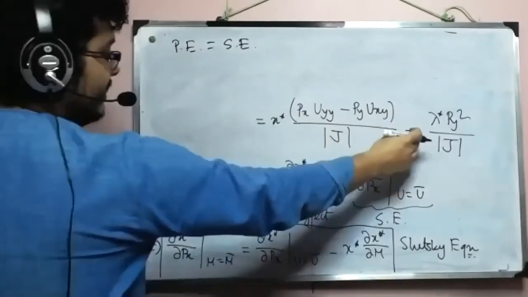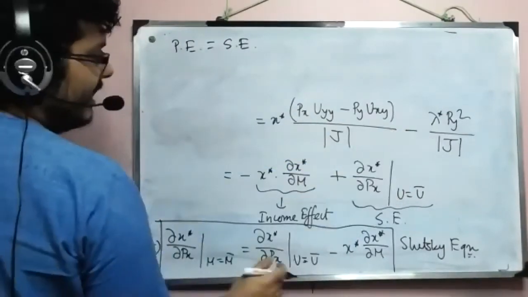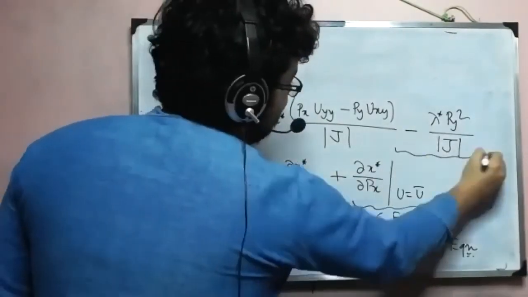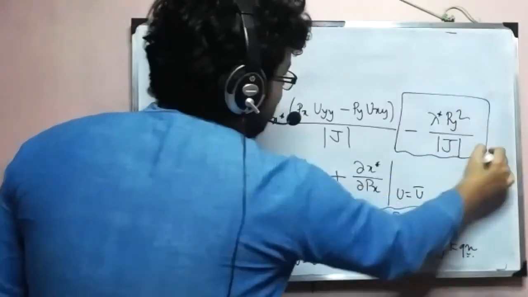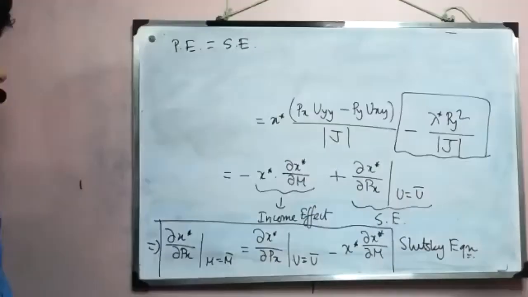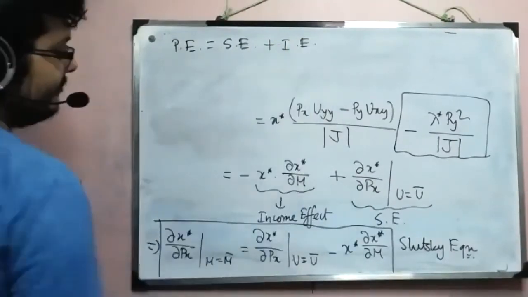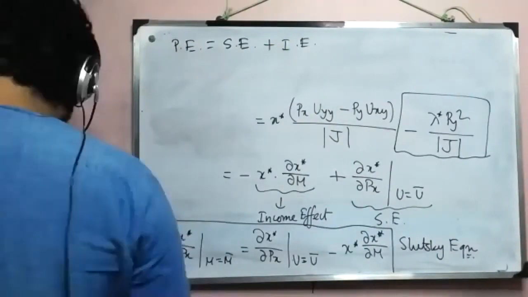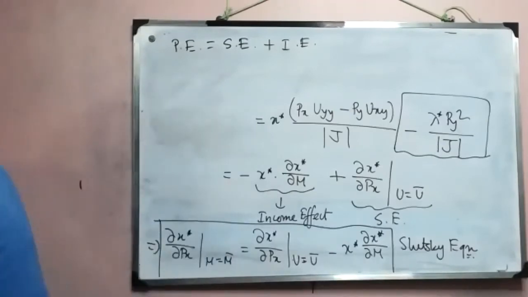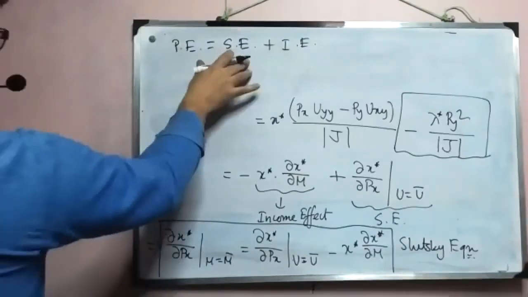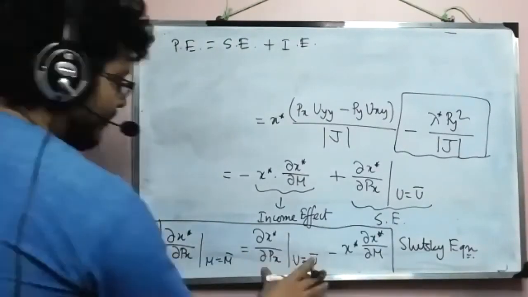Look at it. This is inherently negative. This whole expression is substitution effect, taking in the negative. All right, and then plus income effect. So again, plus income effect. Okay. All right. So this is our form here that we have obtained.